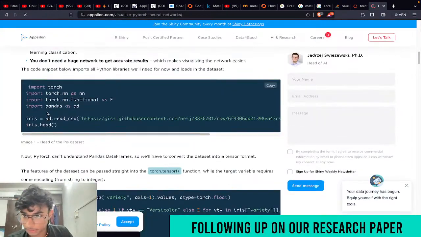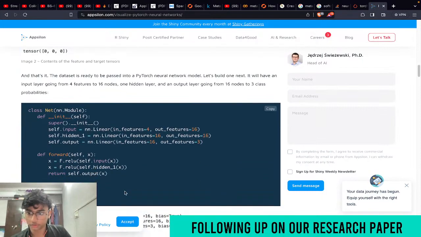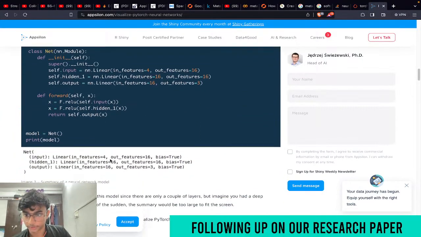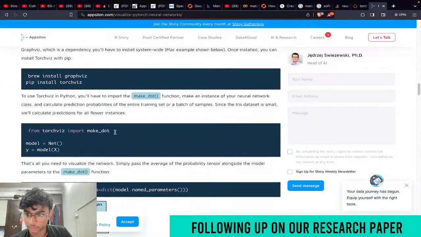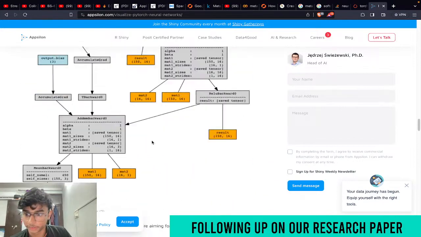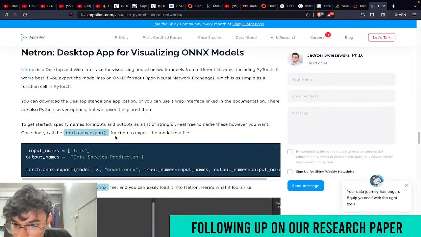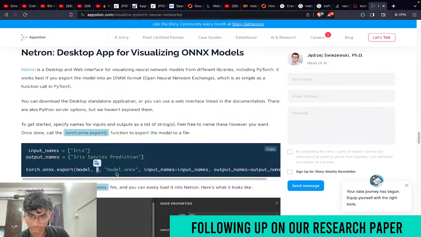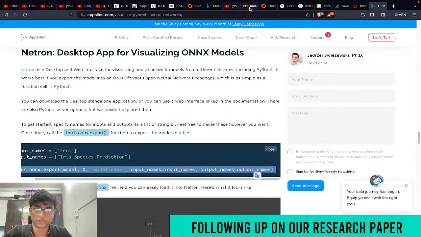So I had this method, made the code, made the network, print network, visualize for the single function. Yeah, this one was bad. I hated it. There was a third method. What is X? Let's just do it.